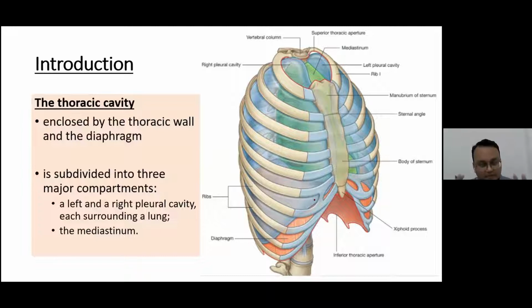So it is enclosed by the thoracic wall as well as the diaphragm. Now, if we are going to divide the thorax, it will be into three parts, okay? On the right and on the left, you will have the lung surrounded by the pleural cavity, right? And right in the center, in the middle, what we have is the mediastinum. This will be occupying the central part or the median part of the thorax.